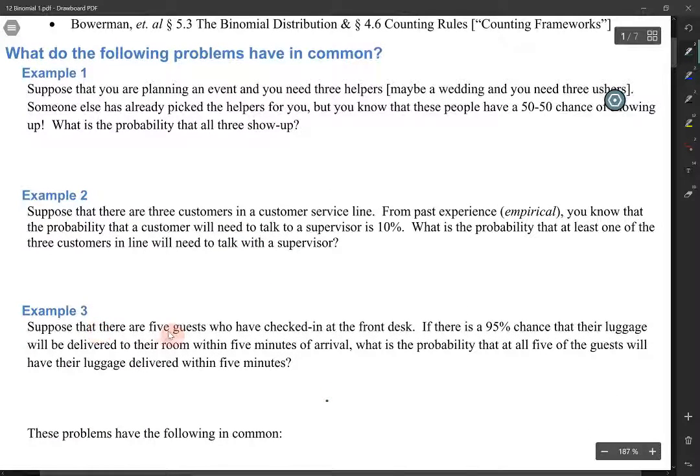Now, suppose that there are 5 guests who've checked in at the front desk. There's a 95% chance that their luggage will be delivered to their room within 5 minutes of arrival. What is the probability that all 5 of the guests will have their luggage delivered on time, within 5 minutes?